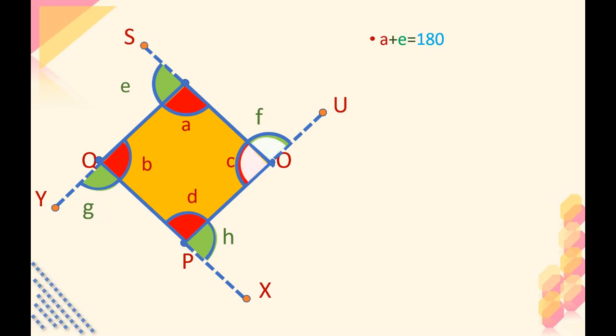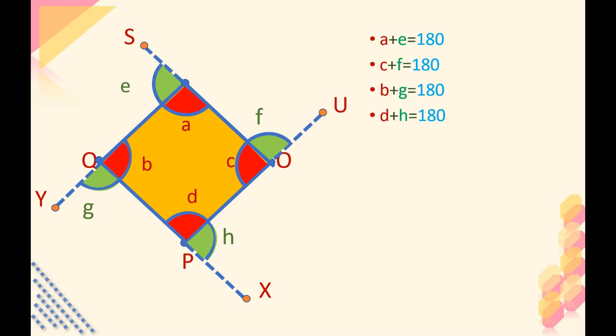Same thing with the measures of angles C and F. The sum of their measures is 180 degrees. Also, the measure of angle B plus the measure of angle G is equal to 180 degrees. And the measure of angle D plus the measure of angle H is also equal to 180 degrees.